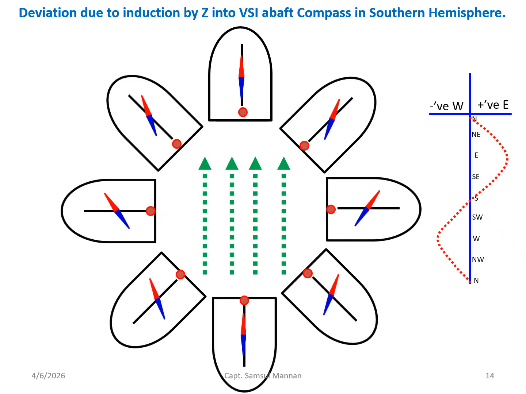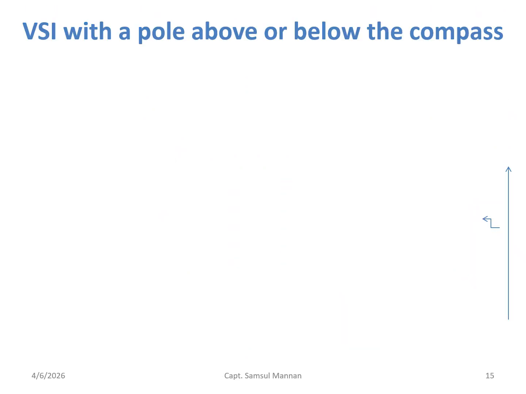It is the same sine theta curve, but it will look opposite, right? So we can see that VSI above the compass in both hemispheres will have a sine theta curve, but in southern hemisphere it will be in one direction, and in northern hemisphere it will be in another direction, right?